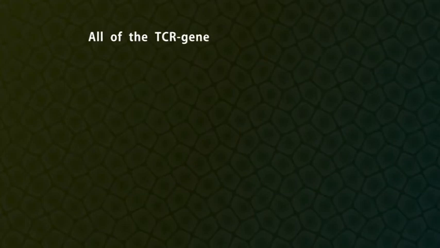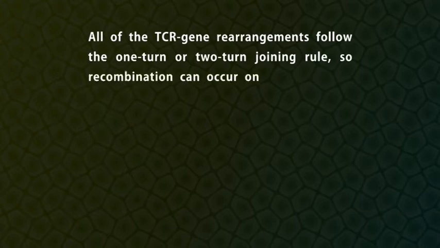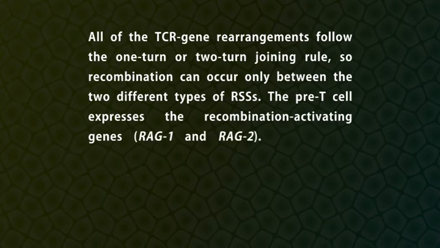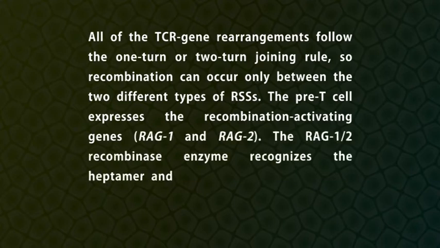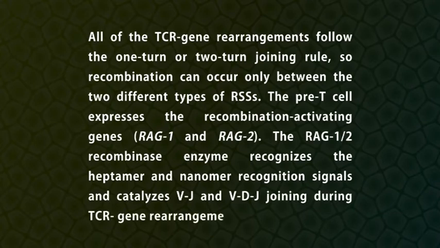All of the TCR gene rearrangements follow the one-turn or two-turn joining rules, so recombination can occur only between the two different types of RSS. The pre-T cell expresses the recombination activating genes RAG1 and RAG2. The RAG1, RAG2 recombinase enzyme recognizes the heptamer and nonamer recognition signals and catalyzes VJ and VDJ joining during TCR gene rearrangement.